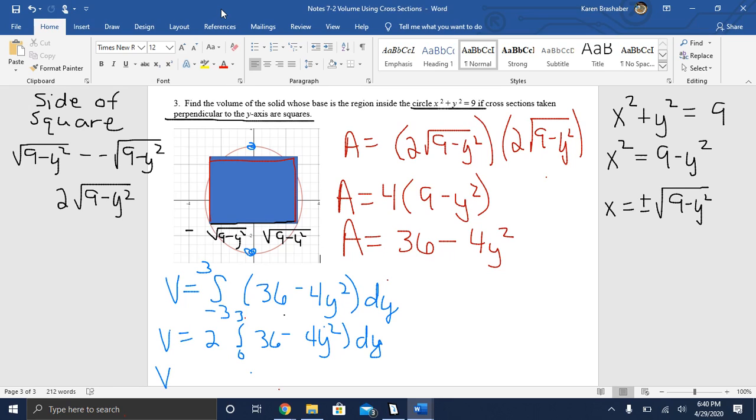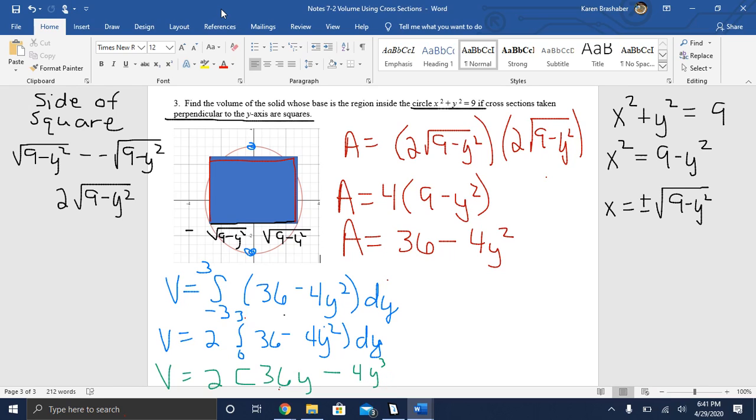All right, so this is going to be volume equals 2. Now we'll do the integration. I'm going to switch colors here. So our integration volume would equal 2 times 36y minus 4y to the third over 3.